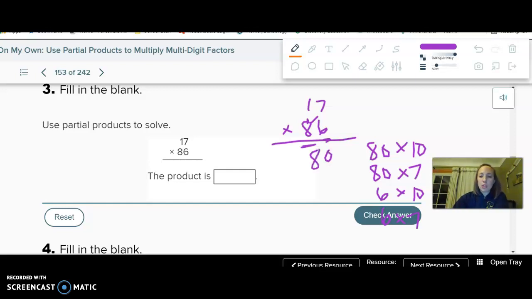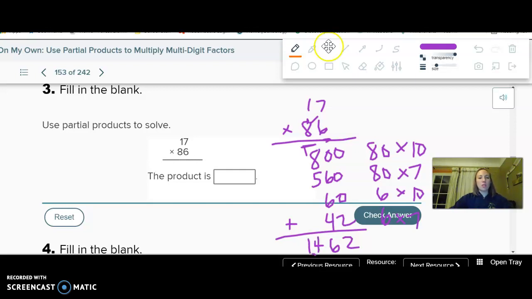You could start multiplying as you go. But I think it's kind of nice to focus on which ones am I doing. Then I can do all my multiplying. Then I can do all my adding. 6 plus 6 is 12. Plus 4 is 16. 13, 14. So 1,462.